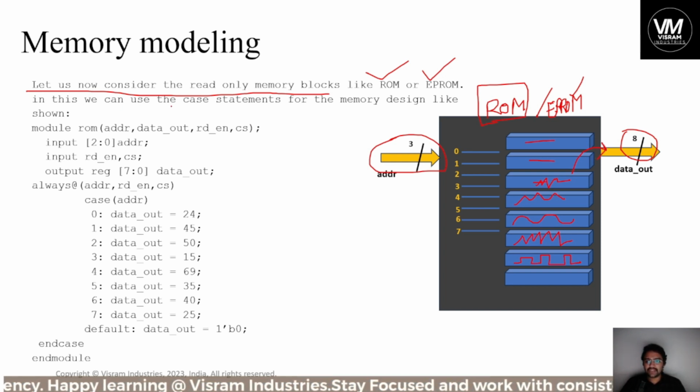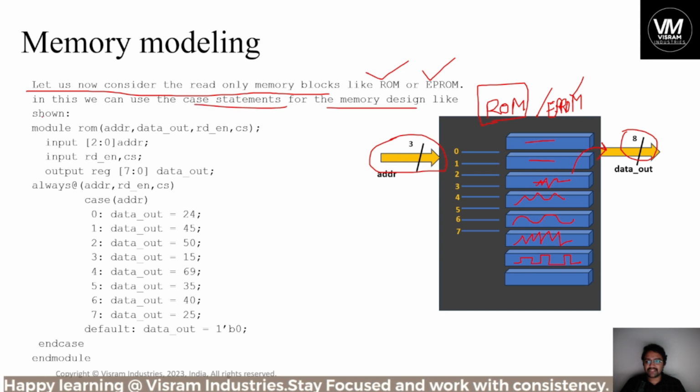So in this we can use case statements for the memory design, like shown. How are we using case statements now? Module ROM: for each bit of data, each bit of address location, we have a total of 8 address locations for the 8 data.